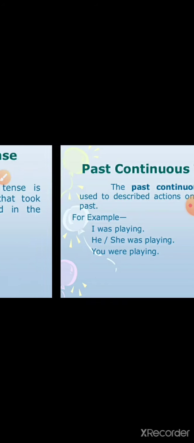So any action that was going on in the past continuously is shown to us by past continuous tense.